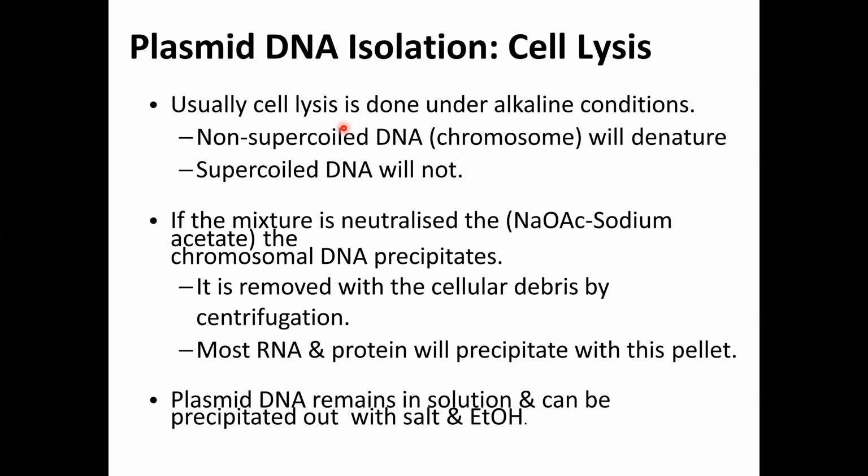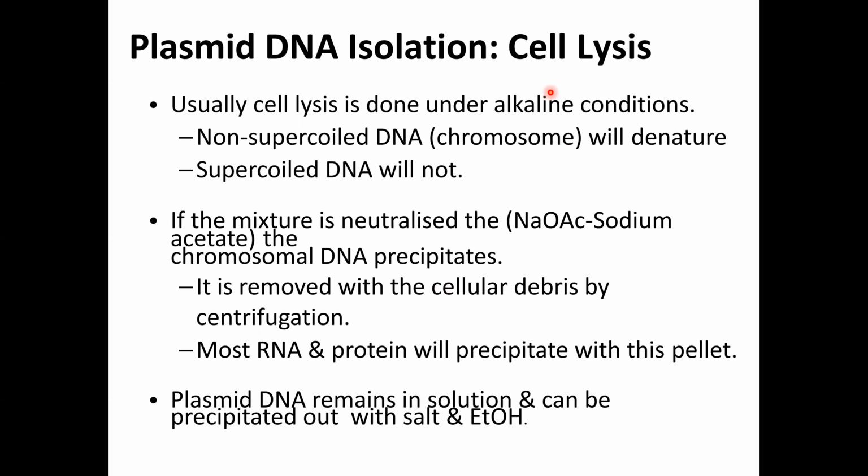If we then use a mixture neutralized with sodium acetate, the chromosomal DNA will precipitate. Thus, you can isolate the plasmid DNA solution, separated from the cellular debris. The plasmid DNA solution can then be precipitated using salt and ethanol.